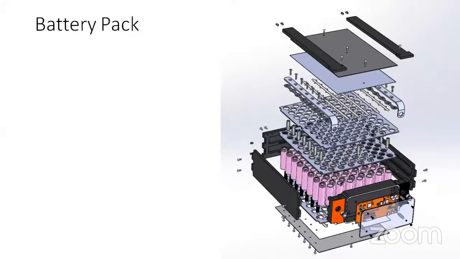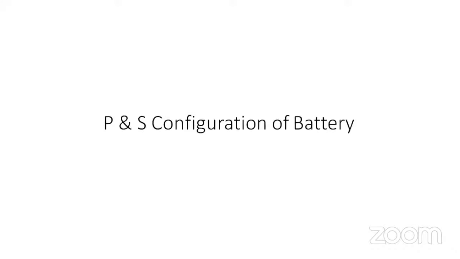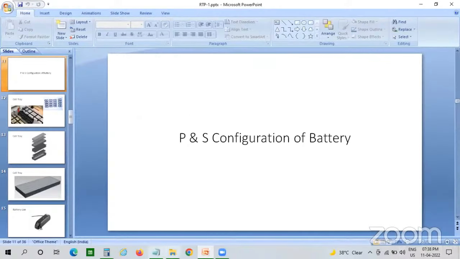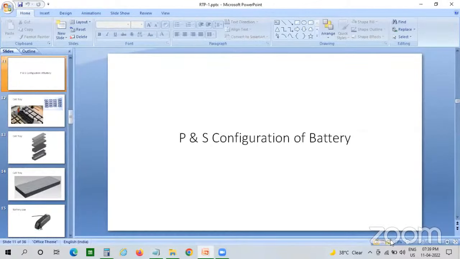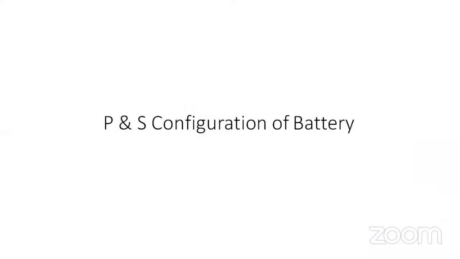And then we have calculated the battery pack. Depending upon the requirement, for example, 350 volt and 200 Ah capacity, as per our calculation we will be requiring 42 cells in parallel and 98 cells in series. Okay, so this we have done.